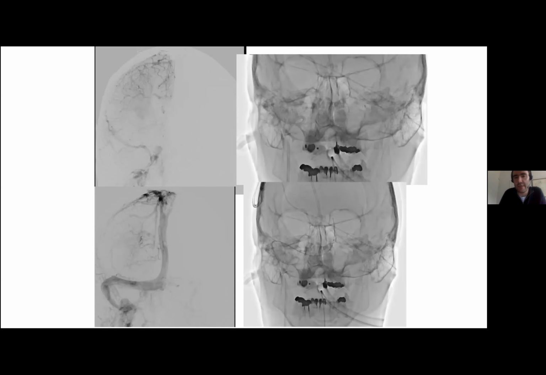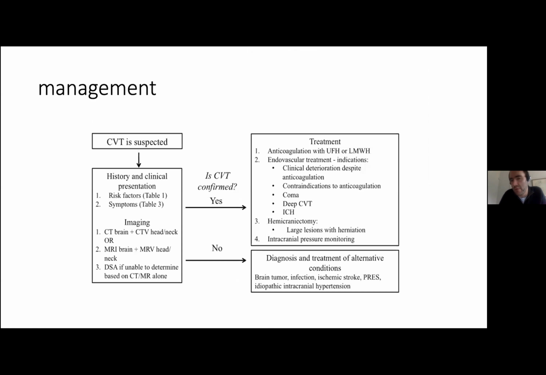But it's difficult really, because these guys do get referred, and what do you do with them? So there's some guidance in papers, and this is from the Society of NeuroInterventional Surgery in America, which is a kind of cross-collegiate organization run by neurologists, neurosurgeons, radiologists, and endovascular specialists. Essentially the first line treatment for all of these is anticoagulation.